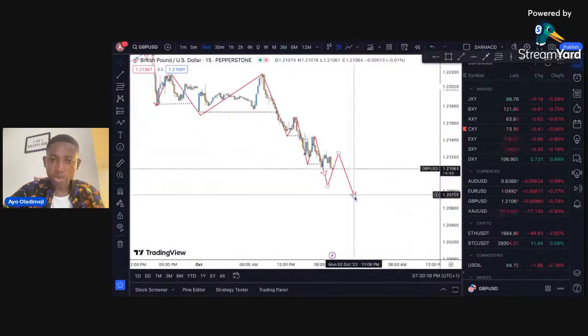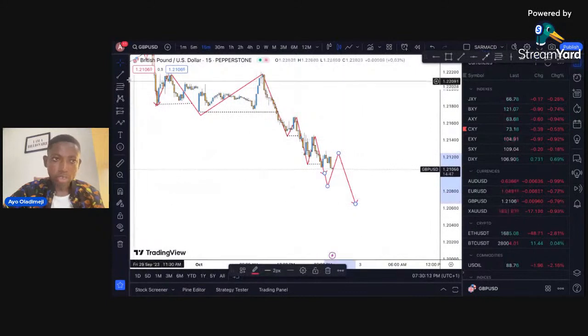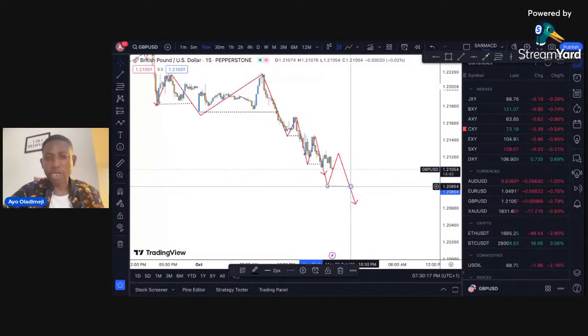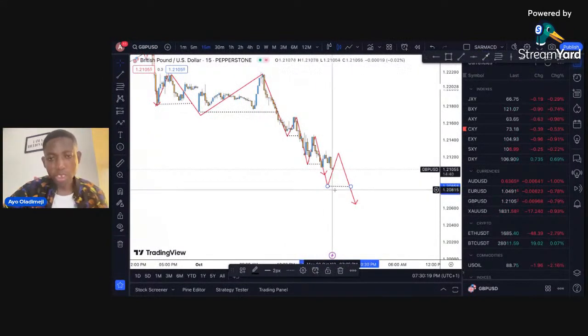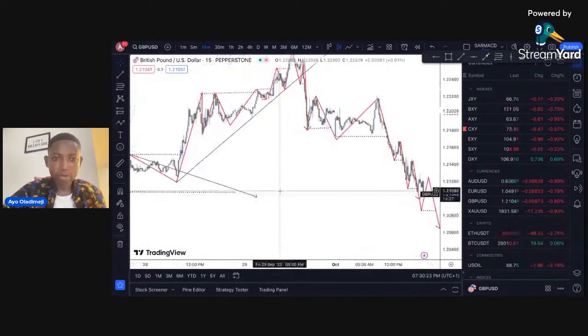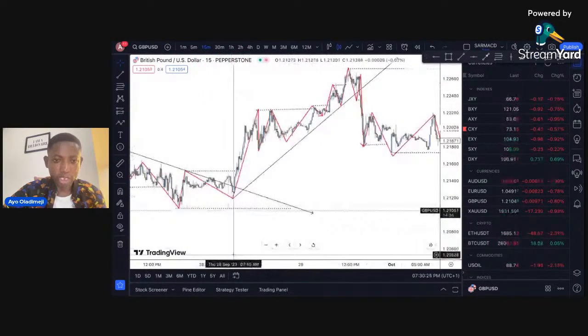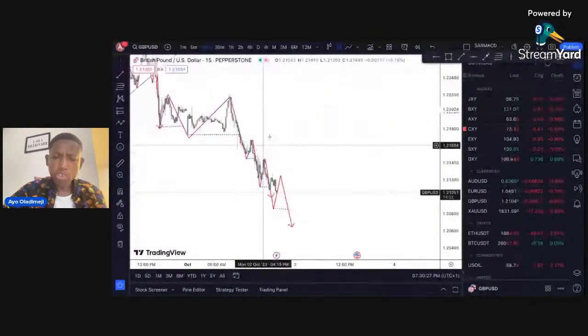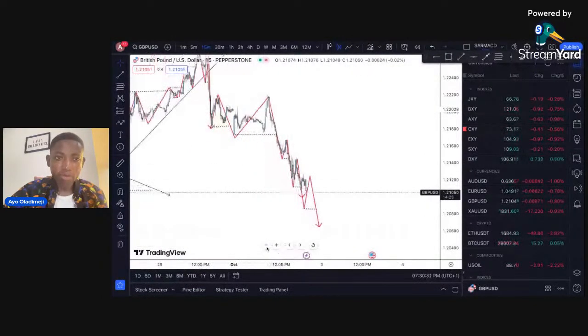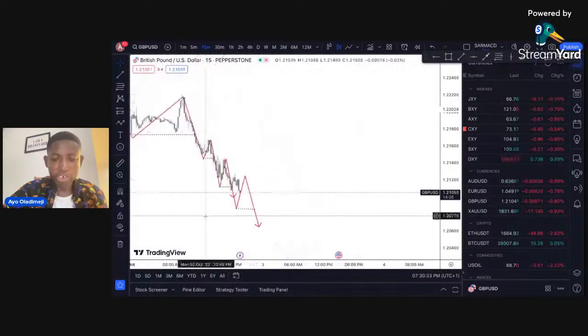It's already broken this lower low. Okay, and then we have this downtrend series continuing. So you can see how we can see the downtrend, uptrend, and how we can identify the change in the trend, the change in direction.